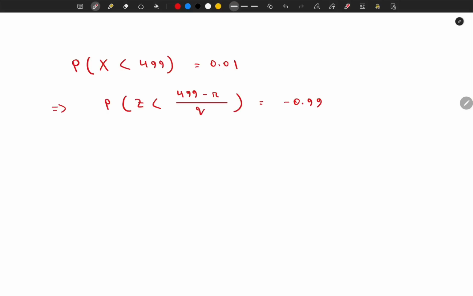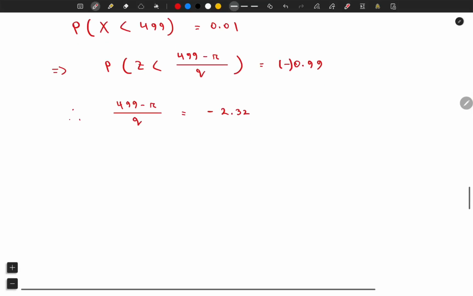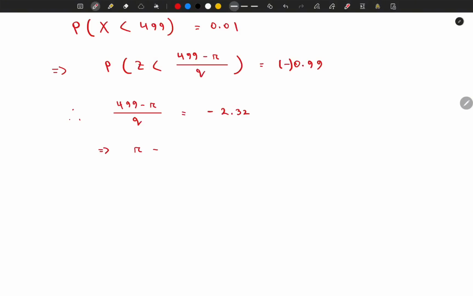So when the probability is negative 0.99, if you just ignore the negative sign, the value of Z is 2.32. So I can say that 499 minus R divided by Q is equal to 2.32. Now there's a negative sign at the front, so there will be a negative sign in this part. So from this, we will get an equation which looks something like this. So this is our first equation.